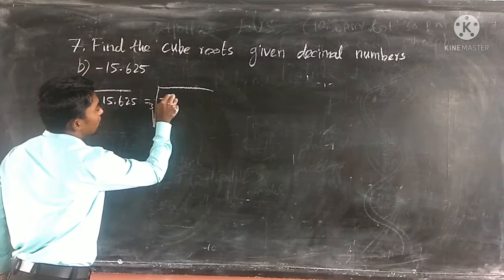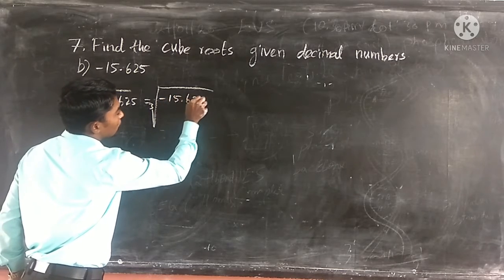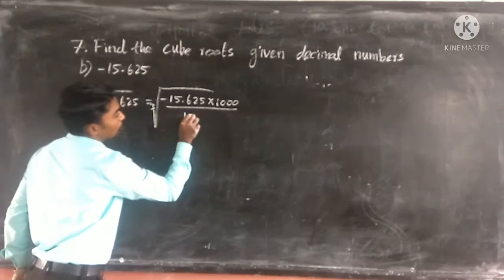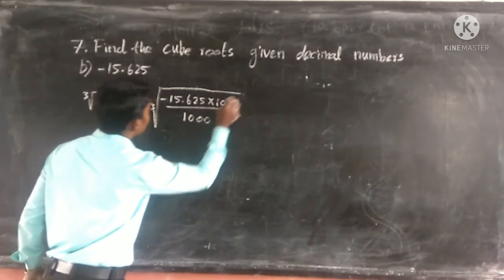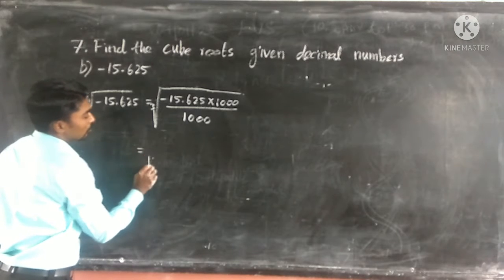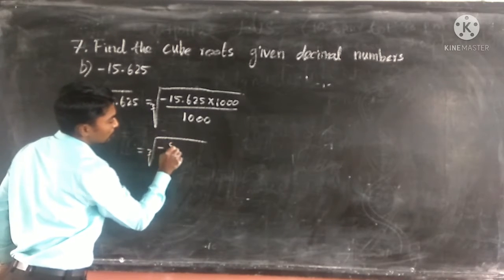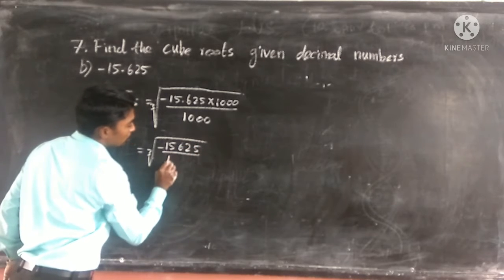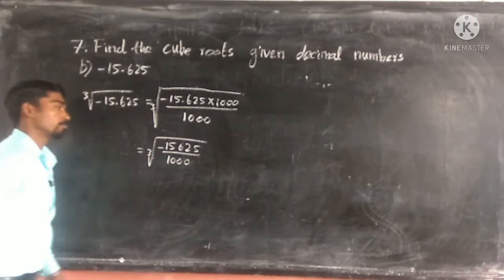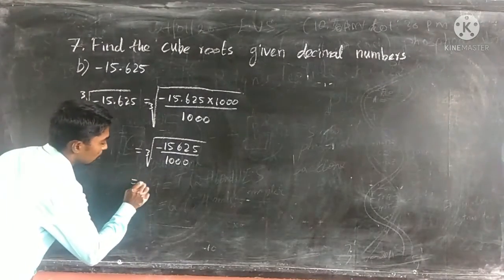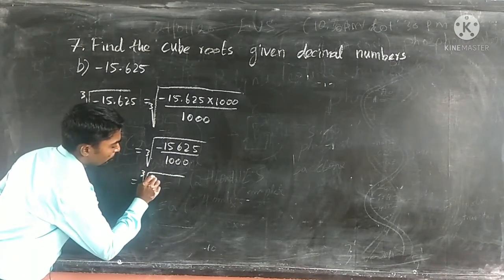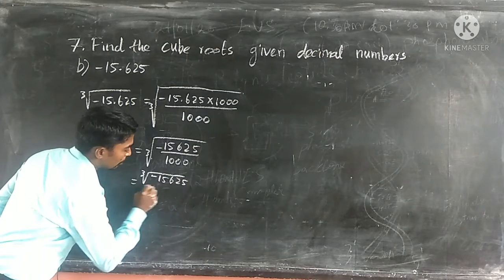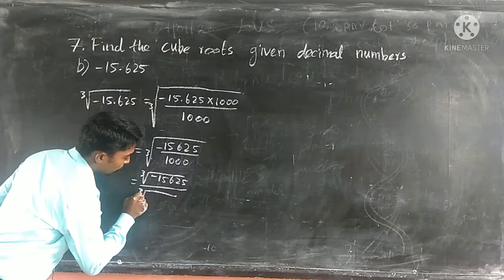Cube root of minus 15.625 into 1000 divided by 1000. Cube root of minus 15,625 divided by 1000. Split the cube roots. Cube root of minus 15,625 divided by cube root of 1000.